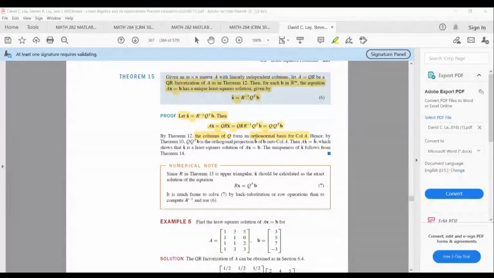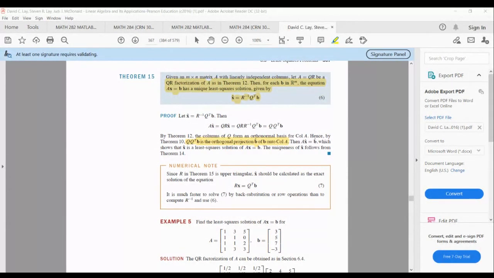So Q times Q transpose times b is the orthogonal projection, b hat, of the vector b onto the column space of A. That comes from Theorem 10.